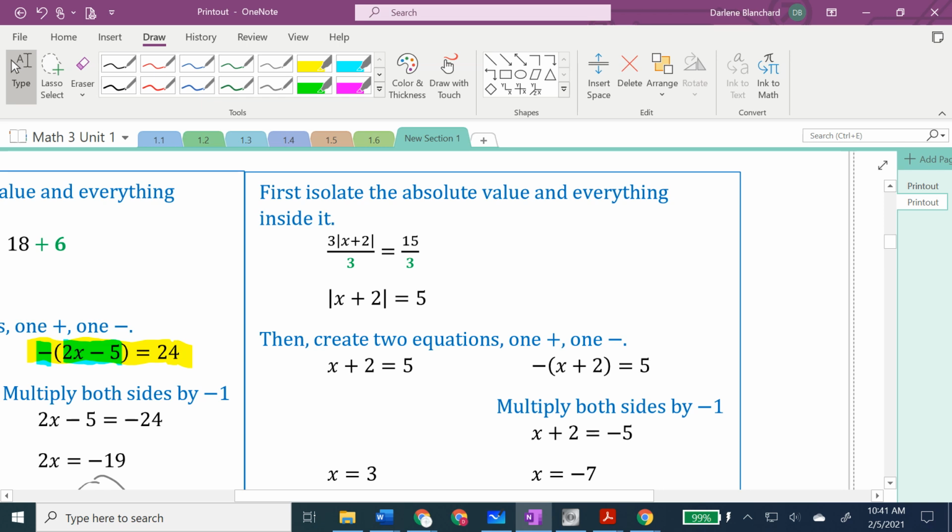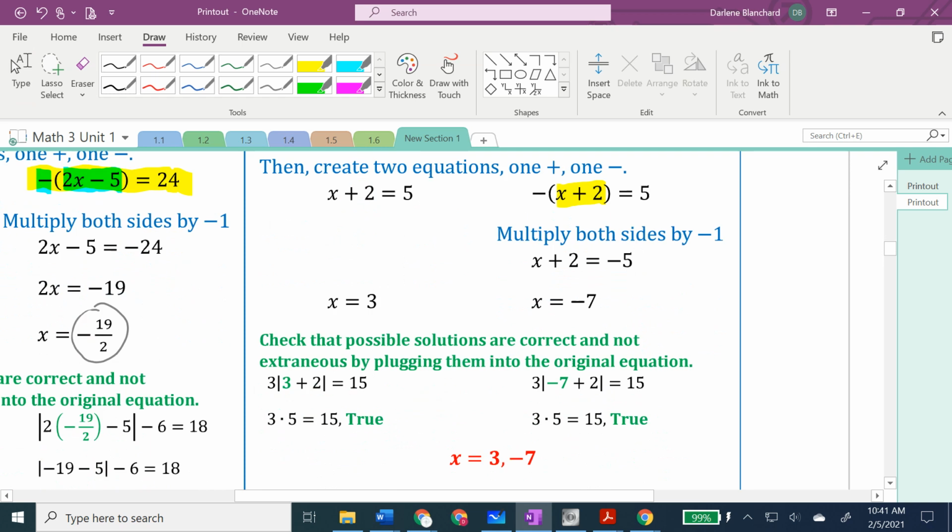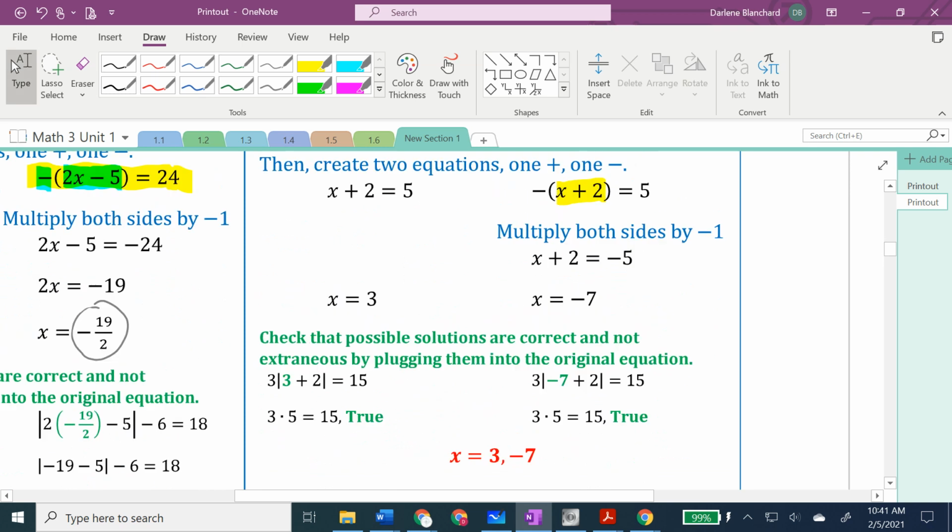If you understand that what you're doing is saying either this expression is positive or that expression is negative, any way that it makes sense to you, you can go through the work. And then you can take a look at what the solutions are and see how to check.